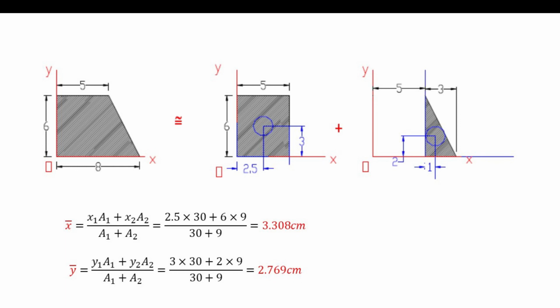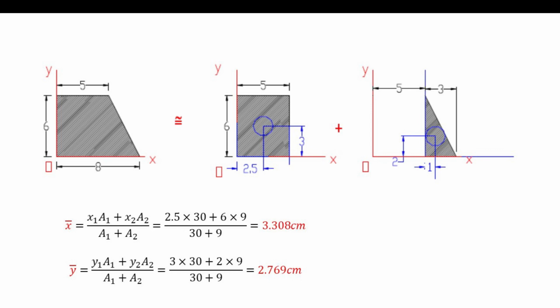For the rectangular area, x1 is half its base dimension, which equals 2.5 centimeters, and y1 is half its height dimension, which equals 3 centimeters.